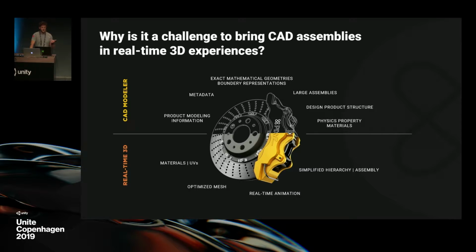First, CAD geometry is a mathematical representation of surfaces and volumes called BREP, whereas real-time 3D geometry is usually a mesh representation, so that's quite different. Then a CAD assembly tree is not organized for real-time animation performance.